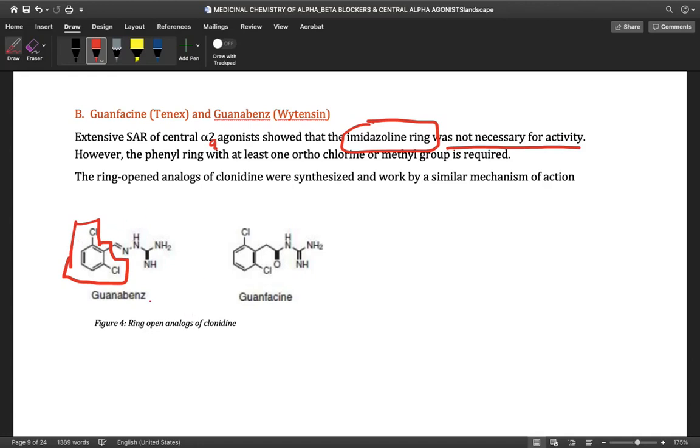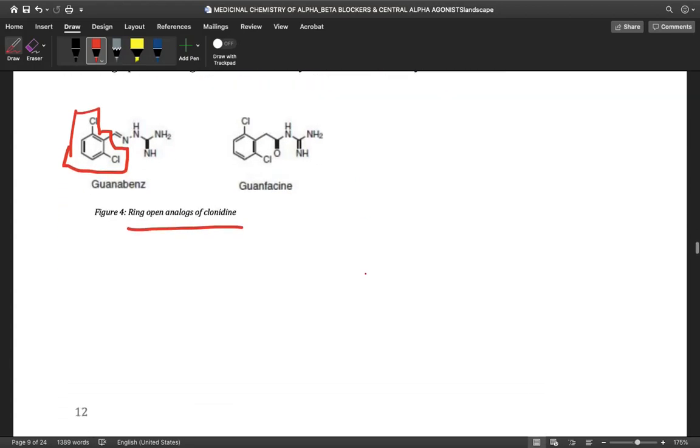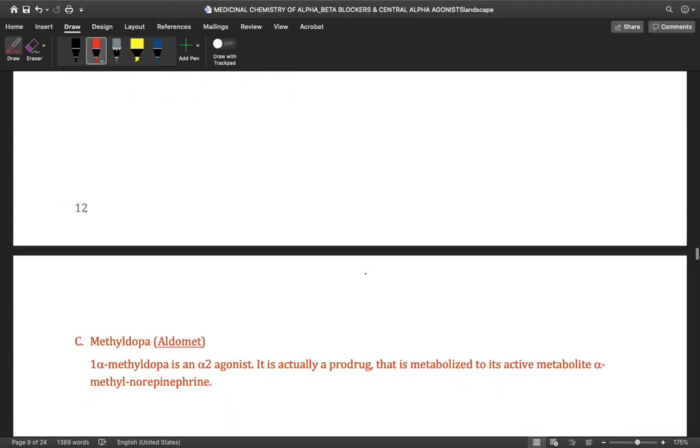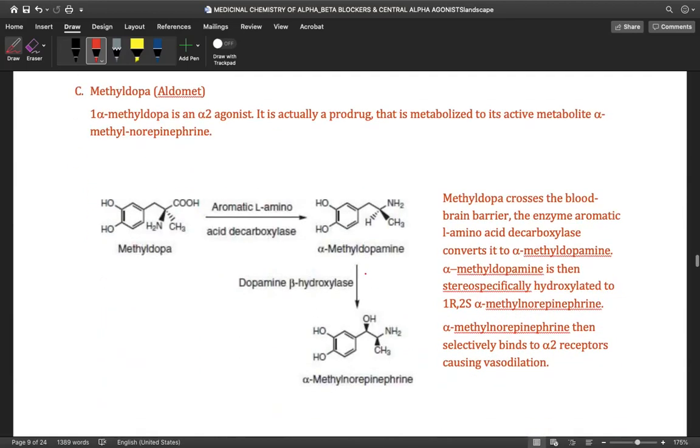So open ring analogs were developed. Open ring analogs of clonidine were developed. These open ring analogs actually have the same mechanism of action as clonidine. Okay, same mechanism of action. So everything we've discussed earlier about clonidine, those drugs also do.